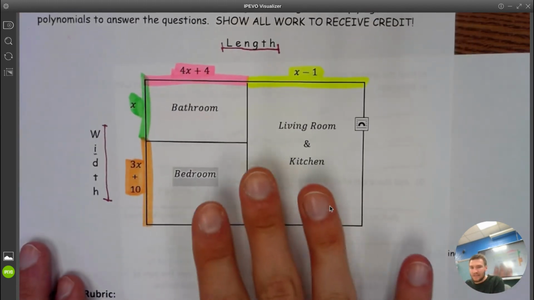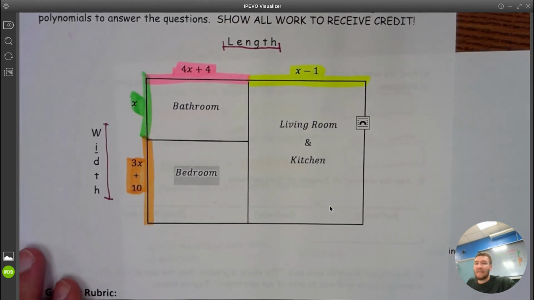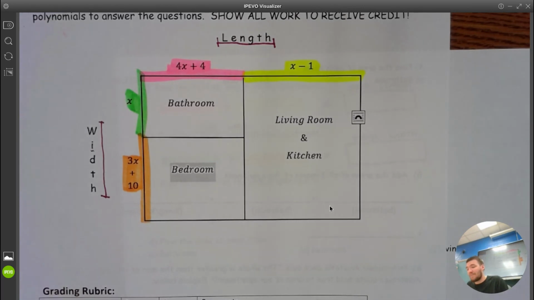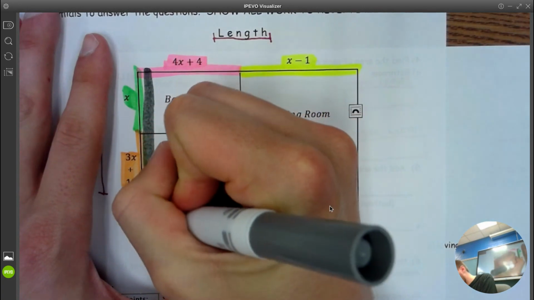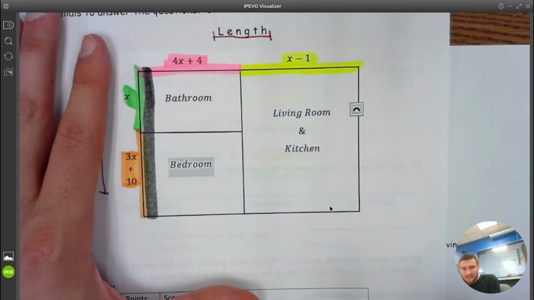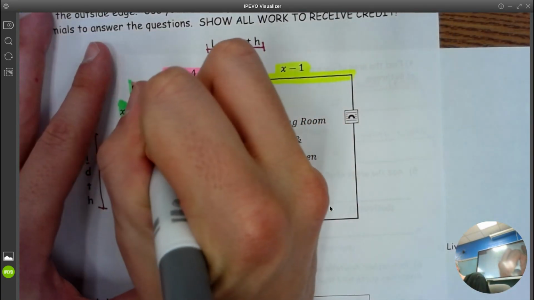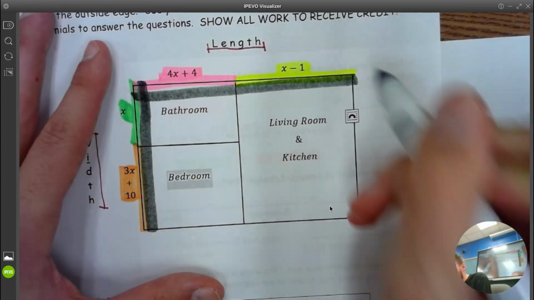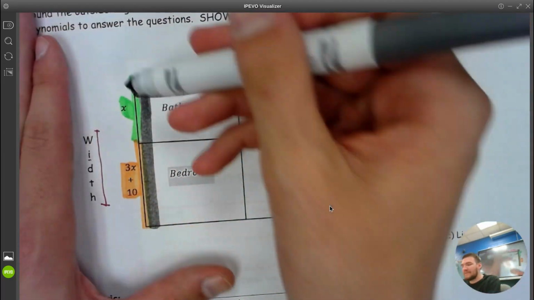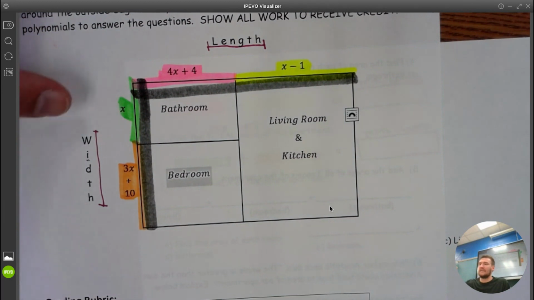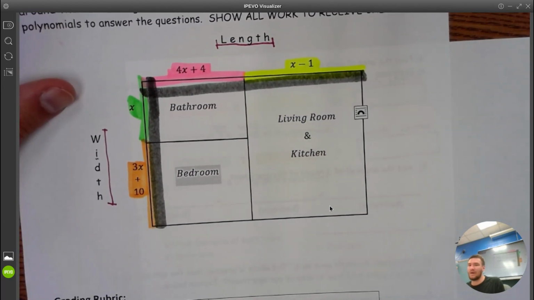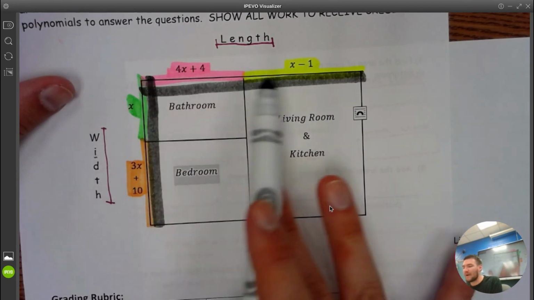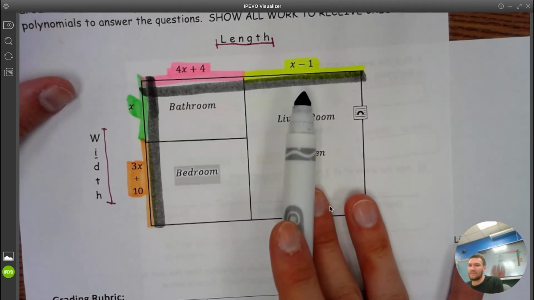If we look at this sheet of paper, if we want to find the area of the entire apartment, we need to multiply all of this, and we need to multiply that with all of this. The whole top times the whole side. Now, the good news is we already, questions number 1 and 2, we already added these things together.